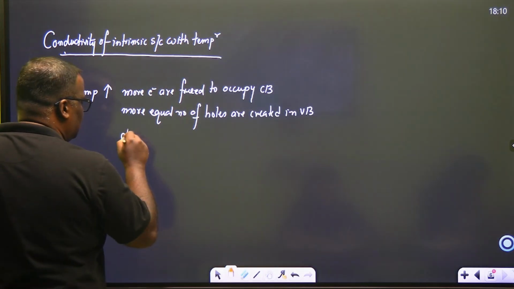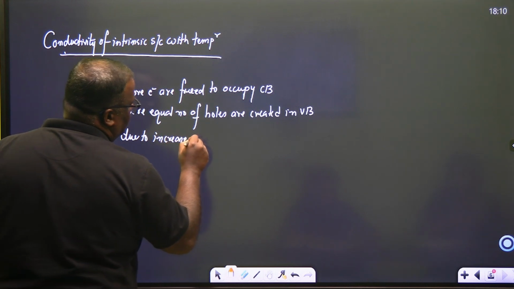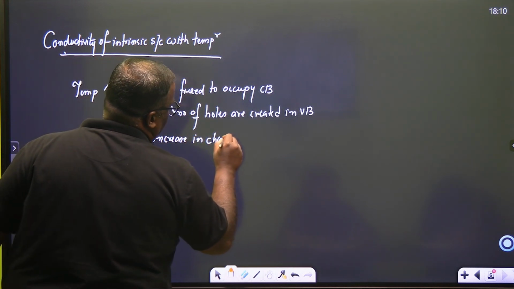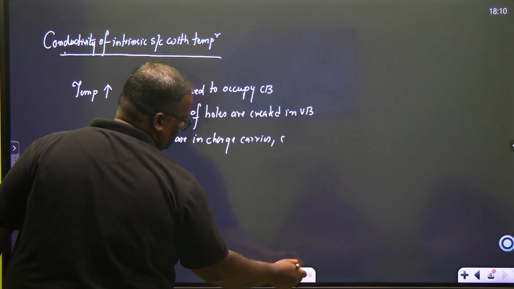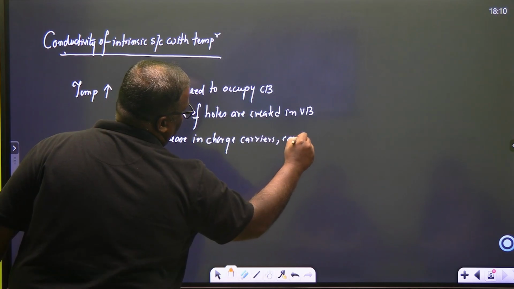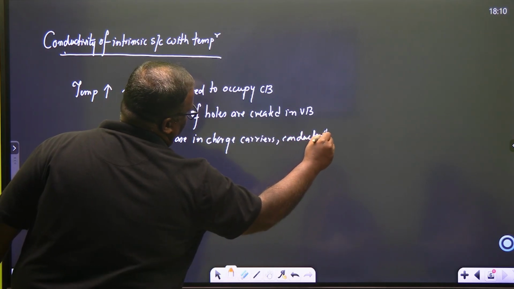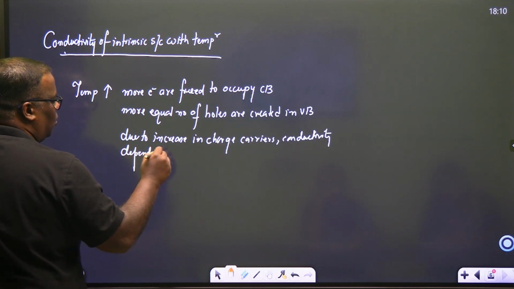So due to increase in charge carriers, conductivity depends on temperature.